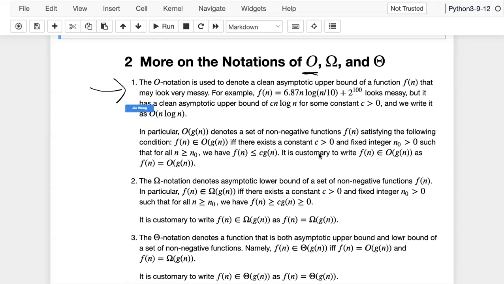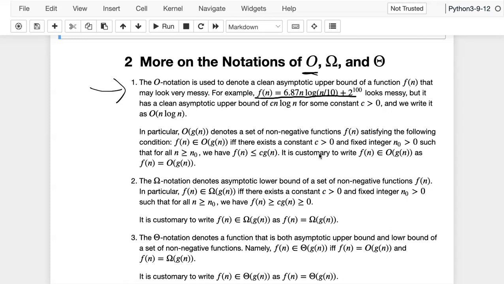As you can see here, the big O notation is used to denote a clean asymptotic upper bound of a function f of n that may look very messy, with lots of lower degree terms and nasty coefficients. For instance, if f of n is equal to this expression, it looks messy, but it has a clean asymptotic upper bound.